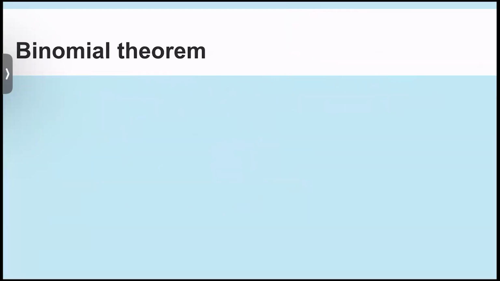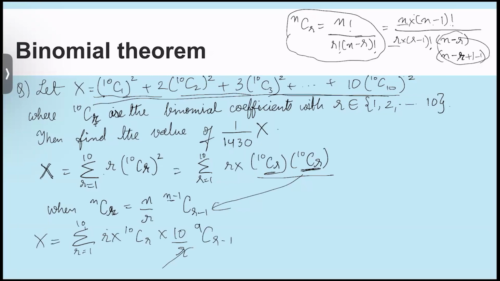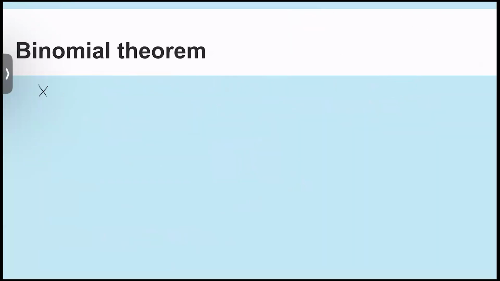Now this can be written as r and r get cancelled over here. So what you're left with is x is equal to 10. You take it out of the summation part because it's a constant. So r going from 1 to 10, 9 C r minus 1, 10 C r.